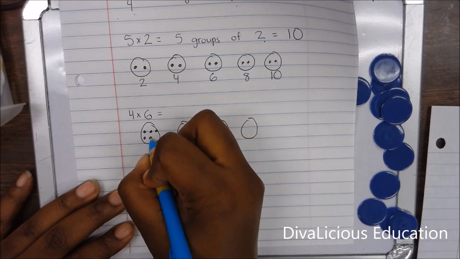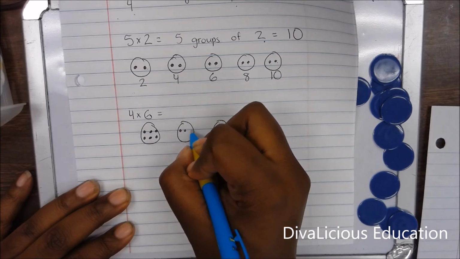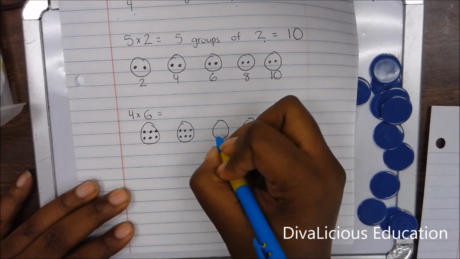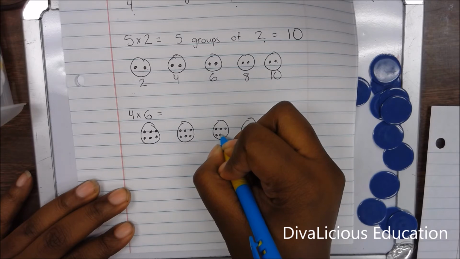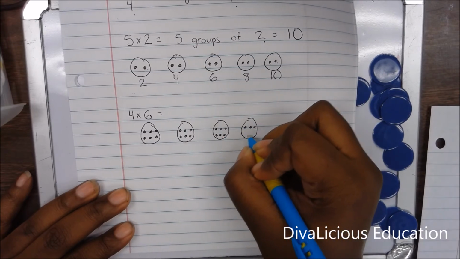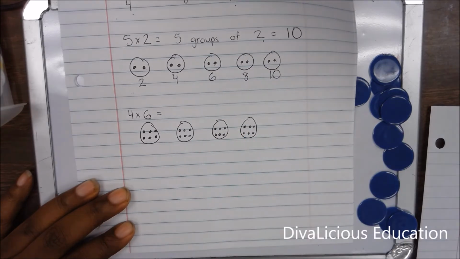A lot of times when I draw my numbers, I think about dominoes or dice and how those dots are lined up so that I can clearly see what the number is. Good. So now I can see that each group has 6 in it. And now we can simply count.